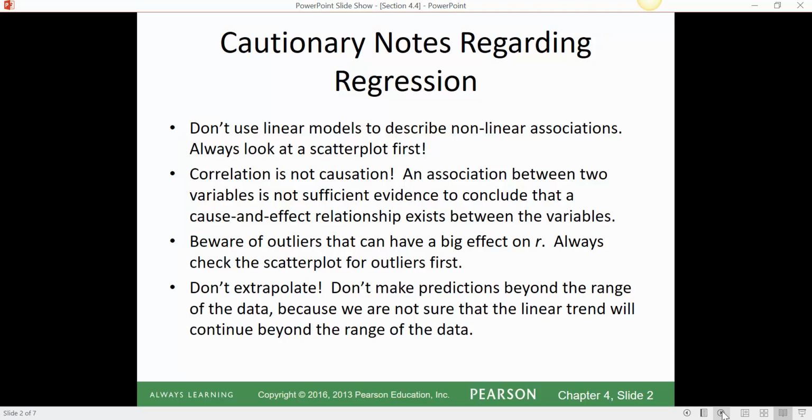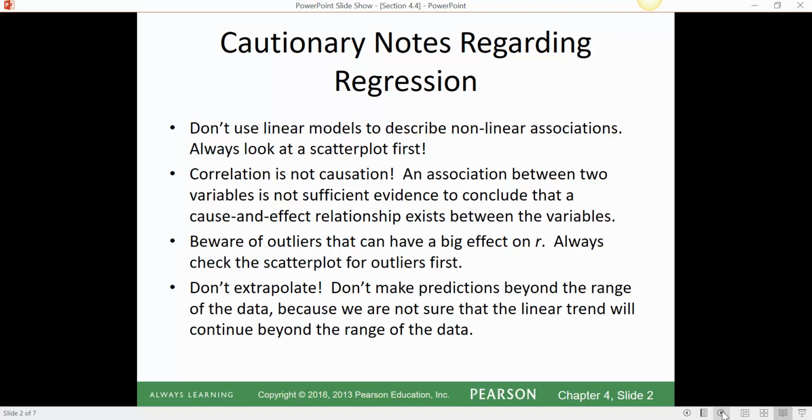Figure 4.28 on page 171 gives a good example. You're looking at population density versus crime per 100,000 people in 2008, and there's one big outlier, which is Washington D.C. The item on the left includes Washington D.C., and on the right they exclude it, and it makes a big difference.